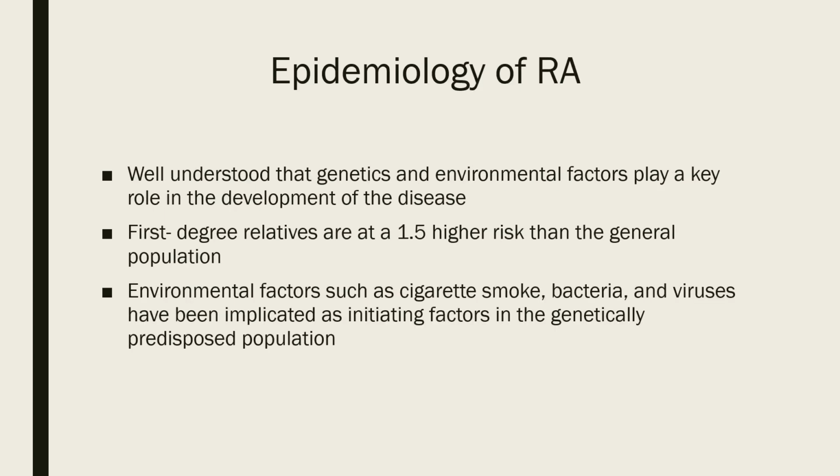So it is well understood that genetics and environmental factors will play a key role in the development of rheumatoid arthritis. First degree relatives are at a 1.5 higher risk than the general population. Environmental factors such as cigarette smoking, bacteria, and viruses have been implicated as initiating factors in the genetically predisposed population.